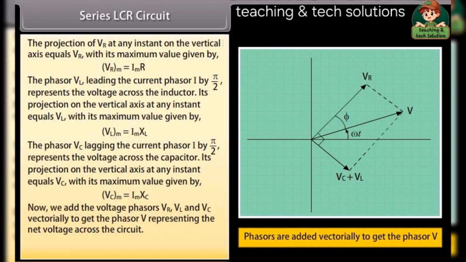Now, we add the voltage phasors VR, VL and VC vectorially to get the phasor V representing the net voltage across the circuit. V maximum is equal to under root of VR maximum square plus (VC maximum minus VL maximum) square.